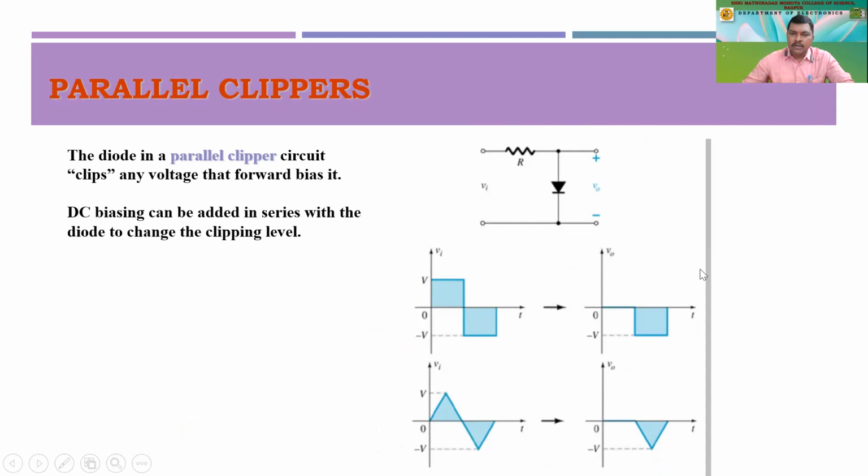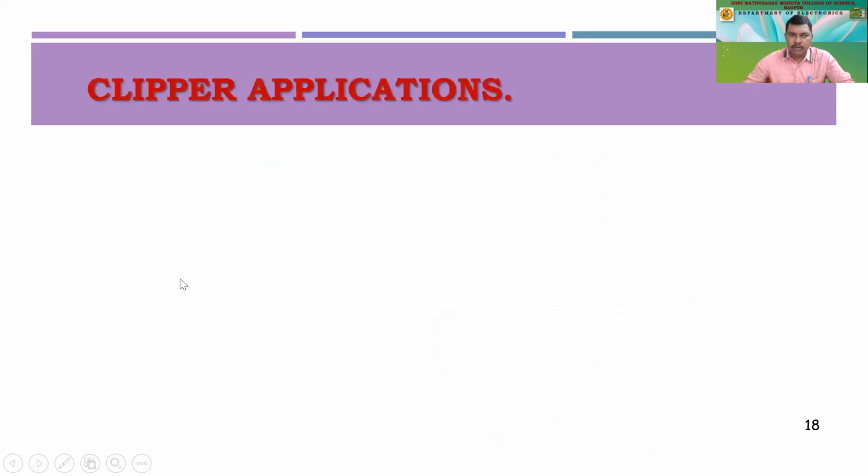The positive half will be clipped because during this positive region the diode will be forward biased, and in the negative half it will be reverse biased. So only the negative half will appear. Similarly, for the triangular wave also we'll have that. The diode in a parallel clipper circuit clips any voltage that forward biases it. DC biasing can be added in series with the diode to change the clipping level.